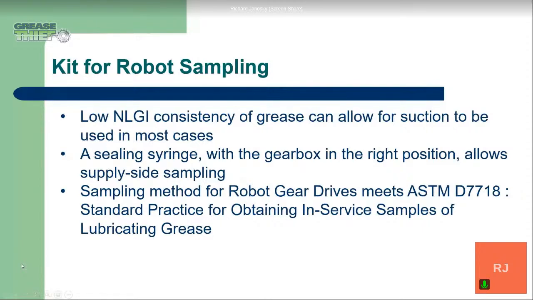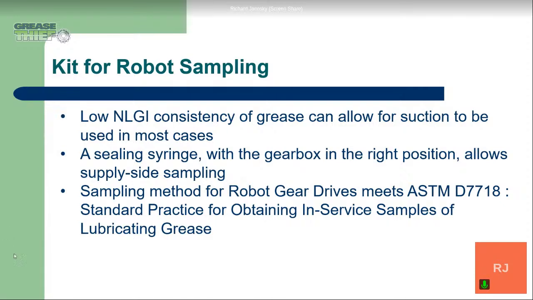So then we'll talk a little bit about the robot sampling kit. I have a picture on the next slide that you'll be able to see of the kit. If we talked about threading in, sometimes robots may not have a port that you can thread directly into. The kit does have small sampling tubes that can be used to pull suction on the grease.